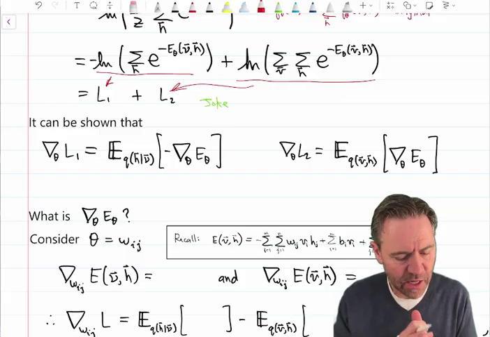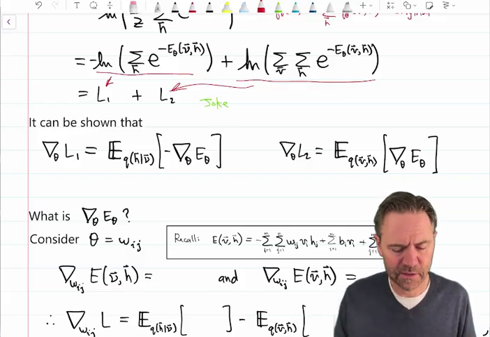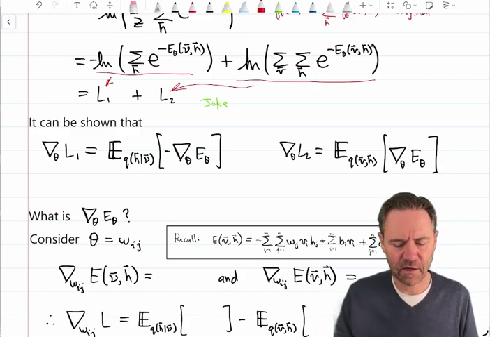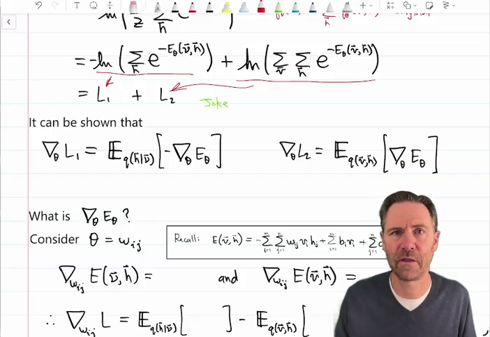I'll just instead say that the gradient of L1 with respect to parameter theta can be given by the expected value of negative gradient of E with respect to theta. That's the energy.